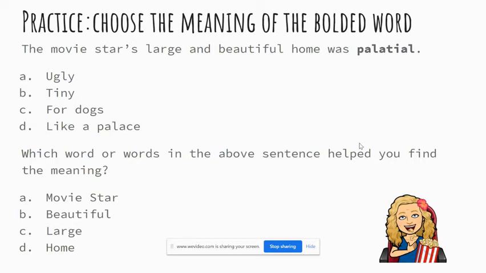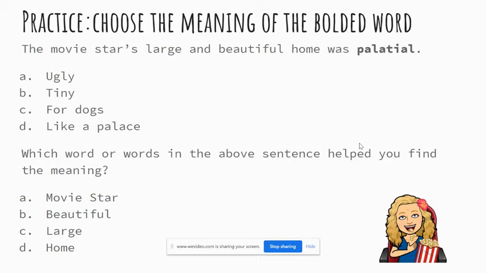Which word or words in the above sentence helped you find the meaning? So I want to see that you understand that you're finding what the meaning is based on what is provided in the text. So it's called kind of citing evidence or citing text. So which word or words in the above sentence helped you find the meaning of the word? So I'll read the sentence again.